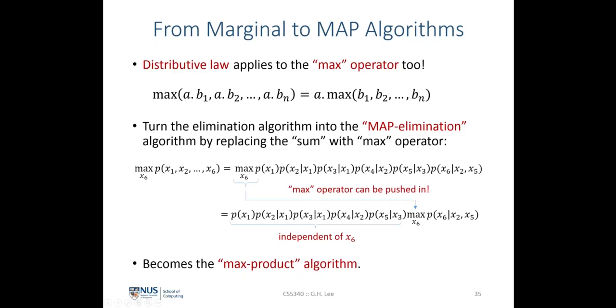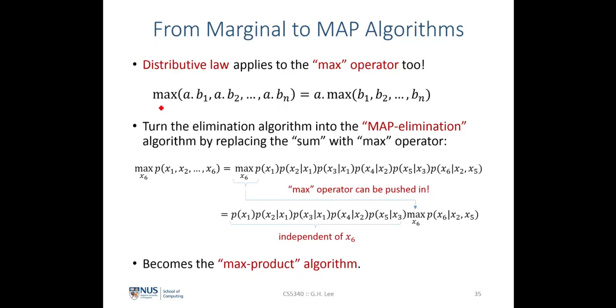Now what's interesting here is that the distributive law applies to the max operator as well. Suppose that we are given the task of finding the max over these different terms, which consist of a multiplied by b1, a multiplied by b2, all the way until a multiplied by bn respectively.